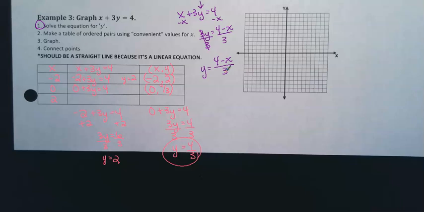All right, so if I had put that into here instead, oh, there it goes. My eraser's a little slow. All right, so if I had put that in here, I would have y equals 4 minus x divided by 3.